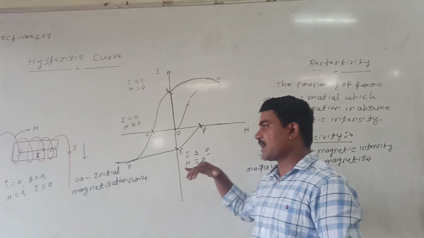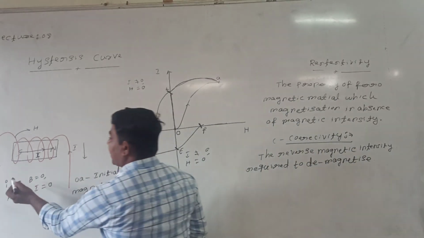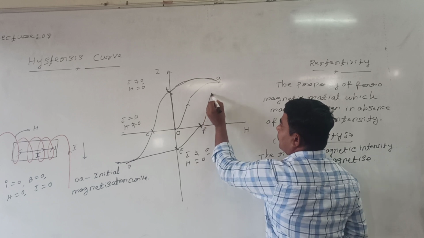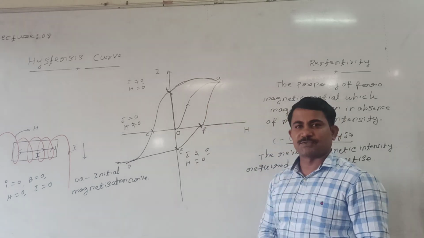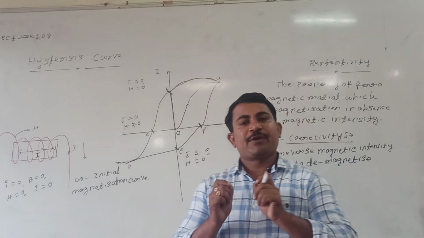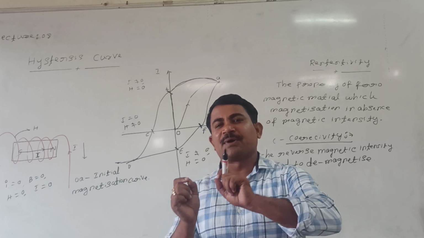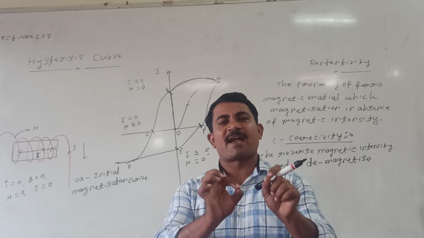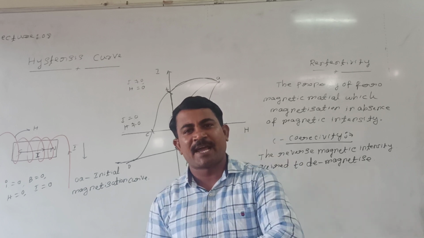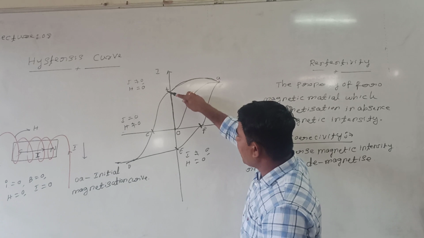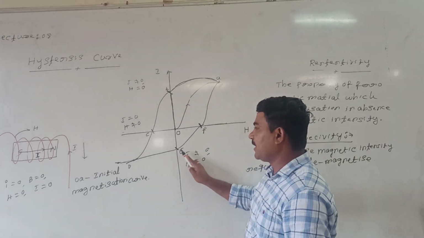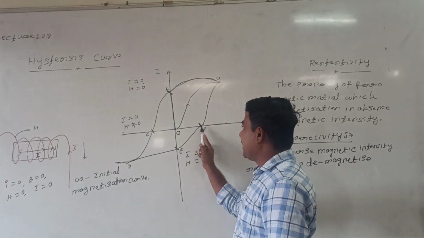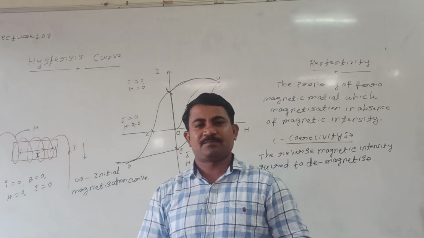If you decrease the current and then increase the current in the forward direction again, it goes this way. So when a ferromagnetic material is subjected to an external magnetic field, it gets magnetized and it gets demagnetized. At points B and E it gets magnetized, and at points C and F it gets demagnetized.